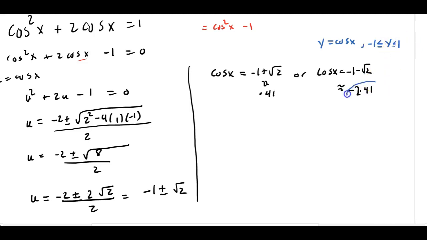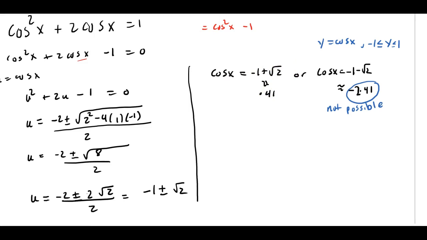So negative 2.41 is not in the range. So this is not possible because negative 2.41 is not in the range of cosine. Therefore, we only have to focus on this equation here. We need to find the values of x that will work here.